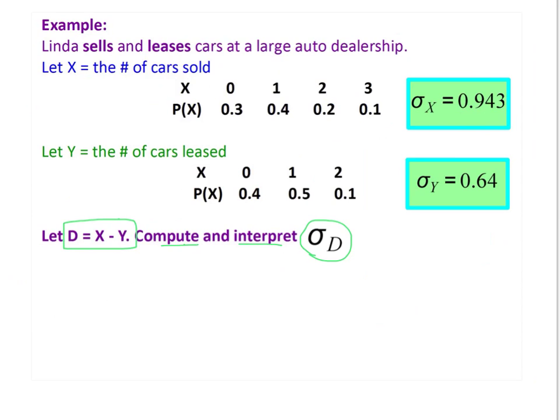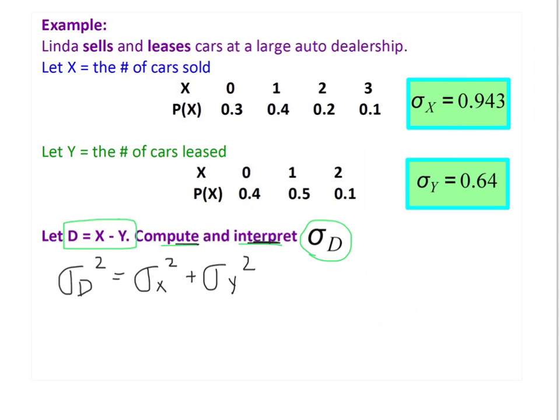Well, if I want to find the standard deviation of D, look back at your formula. Does it say the standard deviation of x plus y equals the standard deviation of x plus the standard deviation of y? Or does it say the variance of x plus y? So when I compute and interpret the standard deviation, I actually have to find the variance first. So I'm going to find the variance of x and add it to the variance of y.